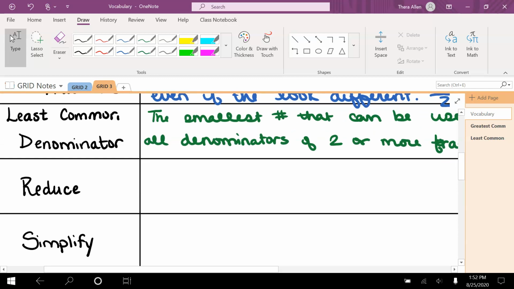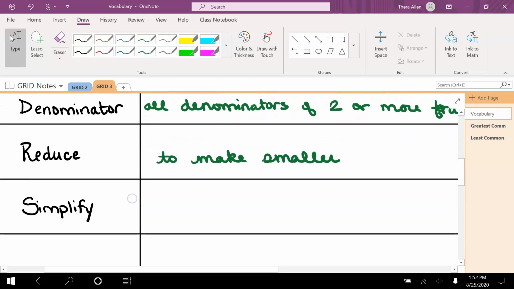All right, the word reduce just means to make smaller. And the word simplify just means to reduce it down as much as possible.